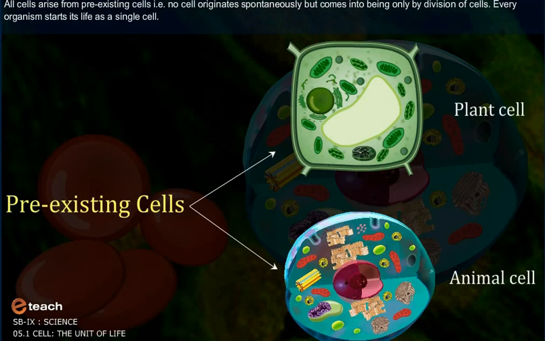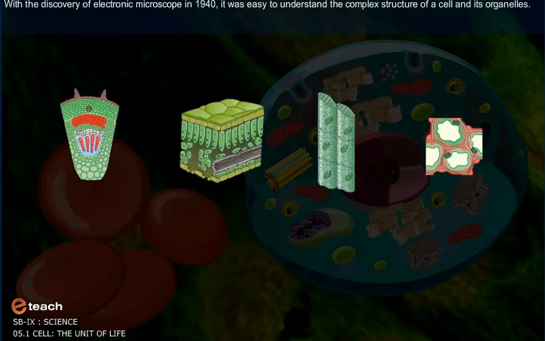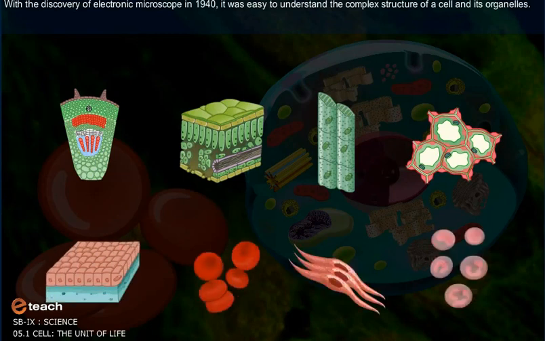That is, no cell originated spontaneously but comes into being only by division of cells. Every organism starts its life as a single cell. With the discovery of electron microscope in 1940, it was easy to understand the complex structure of a cell and its organelles.